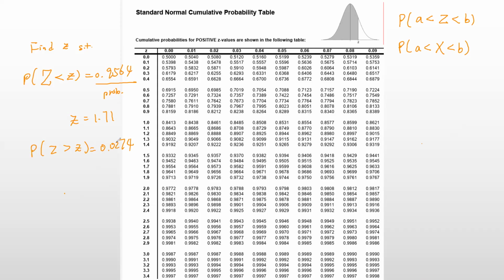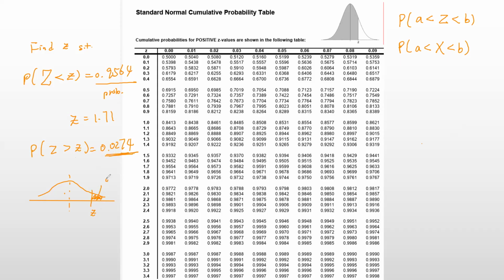Normally I draw the curve so things would be clearer. First of all, I want to figure out whether little z is positive or negative, because this probability is really small, less than 0.5. So I know little z is actually on the positive side. It's a tail probability, really small.